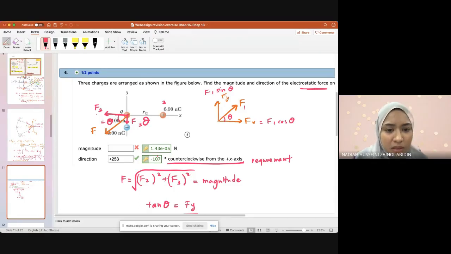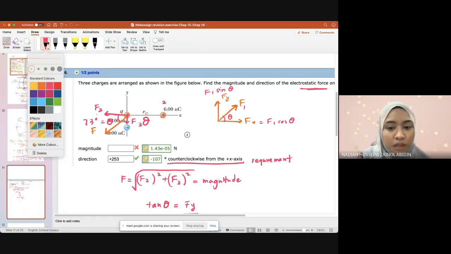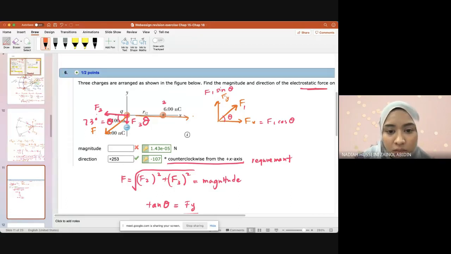So in this case, the answer is, I don't know, 180. According to this question, minus 107 will give 73. This is my 73. Okay, so it's asking, hey, give me the counterclockwise from the positive x-axis. So this is my positive x-axis. Counterclockwise is this way, opposite to the clockwise direction.